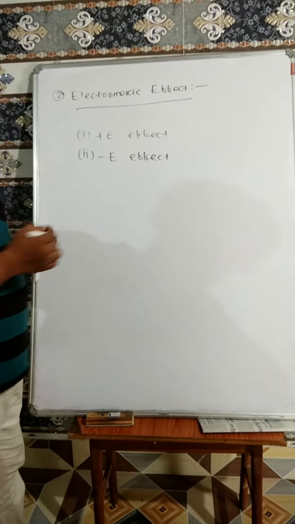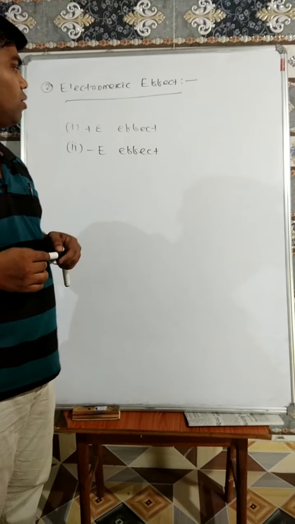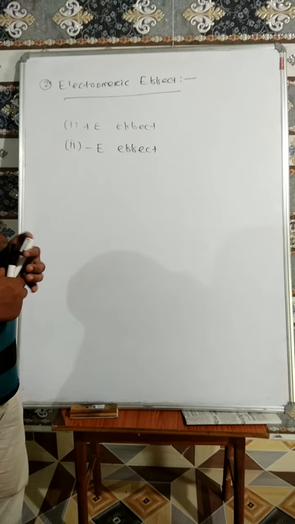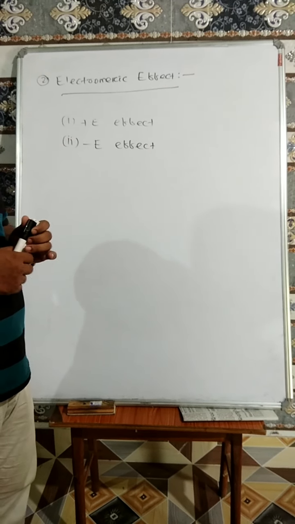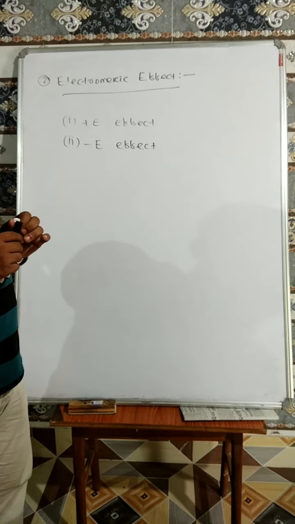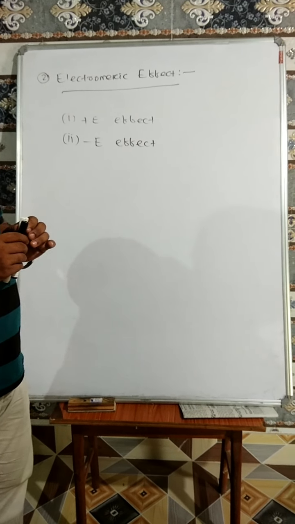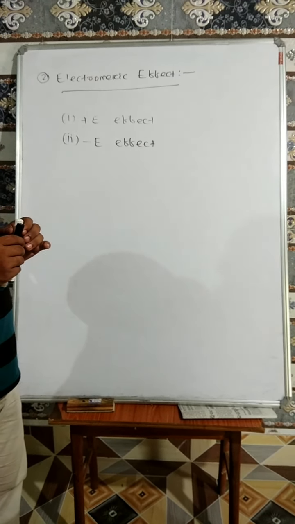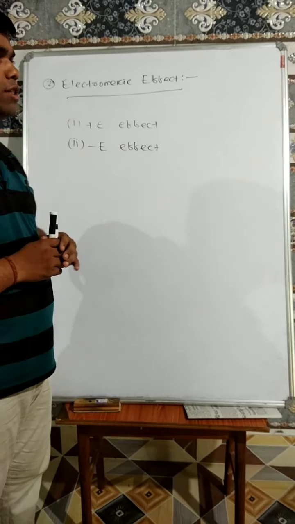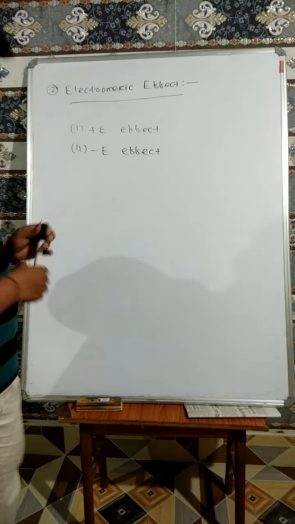Now the plus E effect or positive electromeric effect: if the complete transfer of a pi electron takes place by the attack of an electrophile, then such an electron displacement mechanism is called the plus E effect.